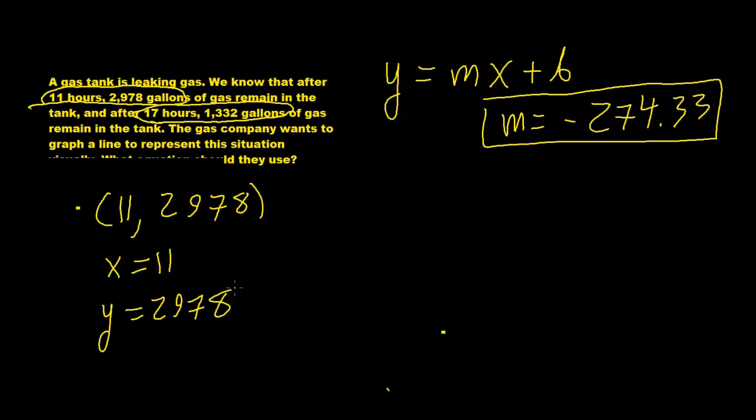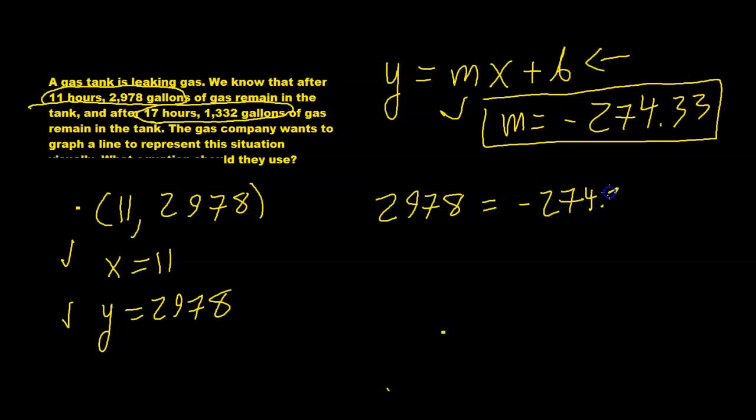Now we can substitute this value of x, this value of y, and this value of m into our equation for the line. So 2,978 equals negative 274.33 times 11 plus b, because b is our last unknown.